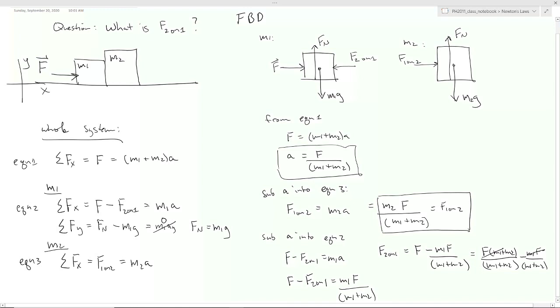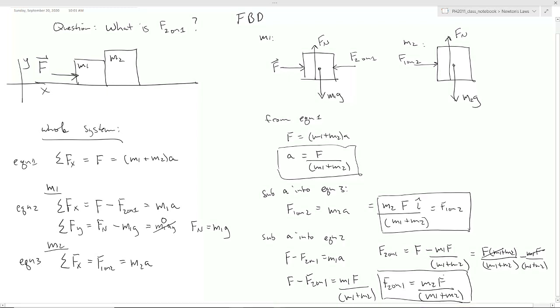And then you can see what we'd be left with is F2 on 1 equals M2F over M1 plus M2. So the same thing. Now, there's one important thing to point out about this. F1 on 2 is pointing to the right, so in other words, this is in the positive i hat.